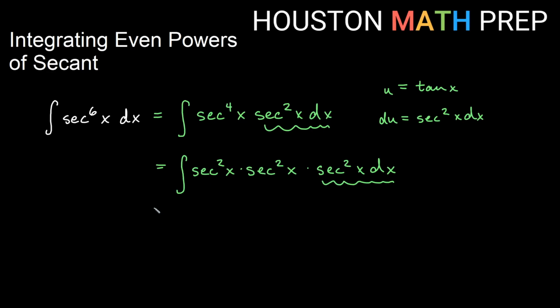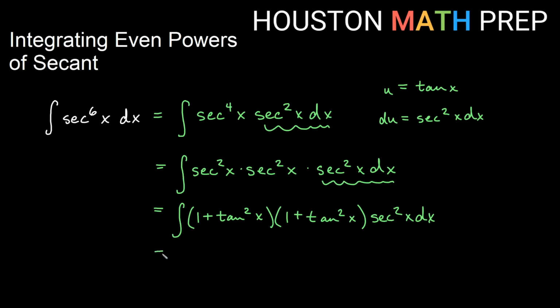Each of these then we can convert using an identity, so each of these pairs here is going to be a 1 plus tangent squared x. And then we'll need to do some distributing there, right? You can do the distributing first or do the u substitution first, whichever you like. I'll go ahead and do the u substitution in this next step.